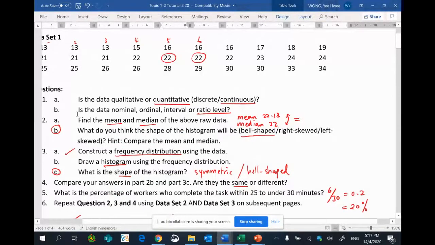You also revise a little bit on the nominal, ordinal, interval, and ratio levels. So this is about topic one. A little bit of topic two when you have the mean and median. Apart from that, they are all topic one.